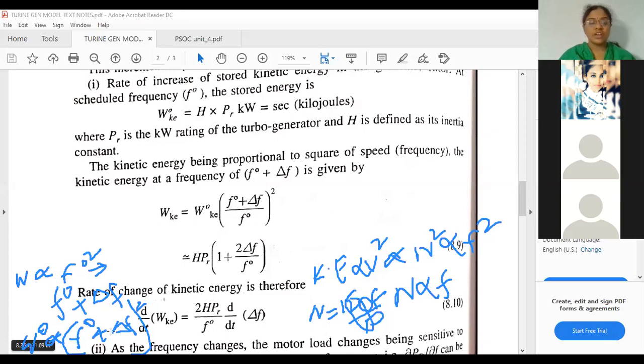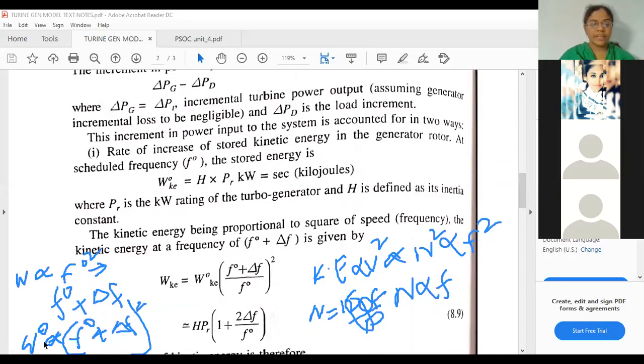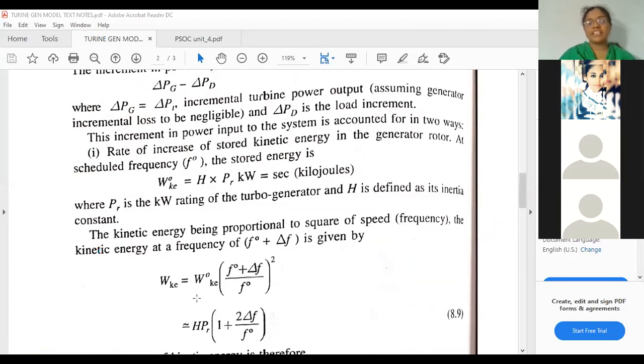So let us suppose the frequency increases, so f naught plus delta f. So W naught is proportional to f naught plus delta f whole square. Now we are writing the ratio of it. How are we writing the ratio of it? See here.